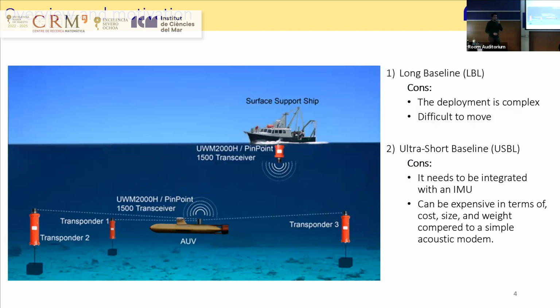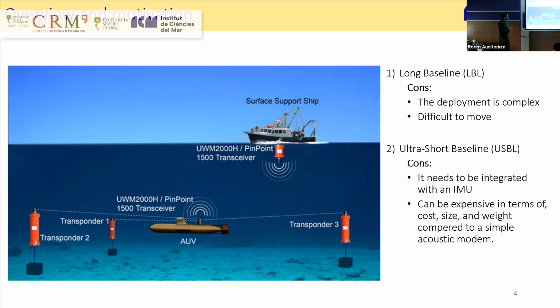Later on, another technology appeared, which is called the ultra-short baseline system. Basically, the main idea here is that we have different transponders or active elements together in a single device. This device is an array or an antenna of four or five active elements, very close to each other, but we can put this instrument on a ship, for example, and track and monitor different areas of the sea, because we can move with the ship.